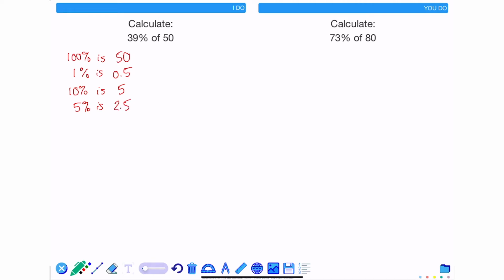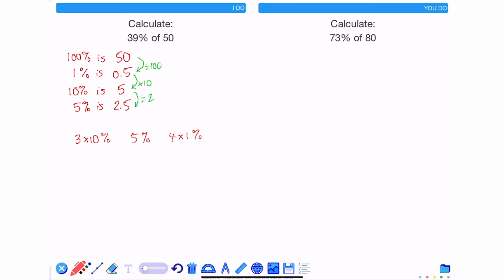As you can see, I have divided 100% by 100 to give me 1%, I've timesed 1% by 10, and I've halved 10% to give me 5%. Now, in order to make 39%, I need 3 lots of 10%, a 5%, and then 4 lots of 1%.